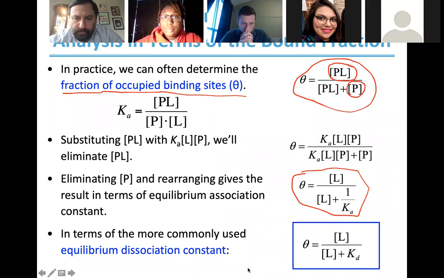Fraction of occupied binding sites. You need to know this equation.